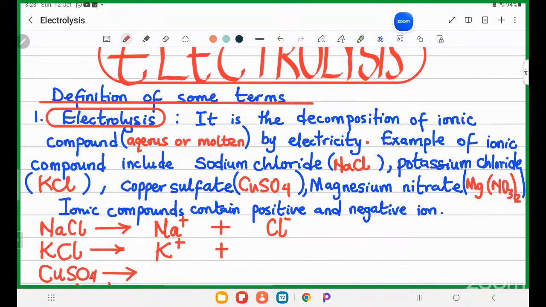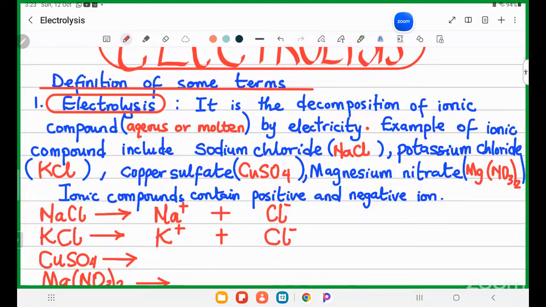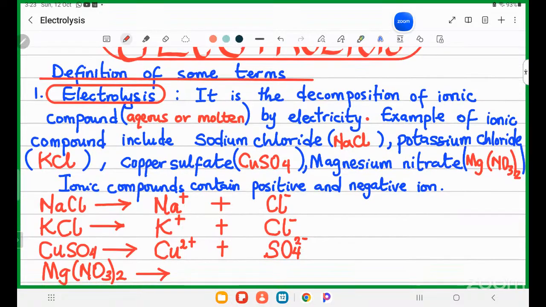Similarly, when we pass electricity into potassium chloride, it's going to split into potassium ion, a cation precisely, and chloride ion. Then copper sulfate will split to give you copper 2 plus ion and sulfate ion, SO4 2 minus.